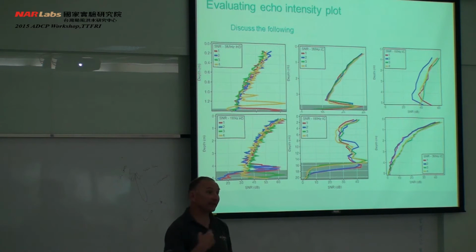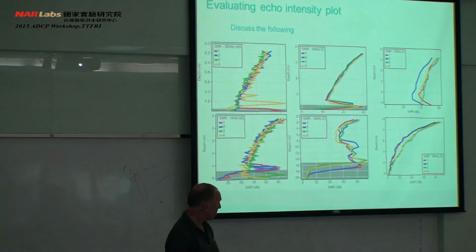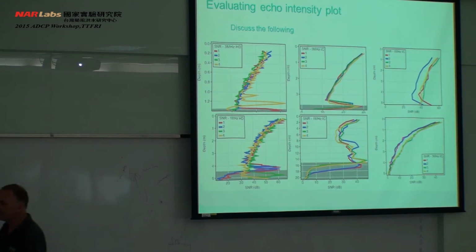Okay, where it doesn't work for us is where we're referencing everything to bottom track, and bottom track for depth. That covers the main ones that you will come across.